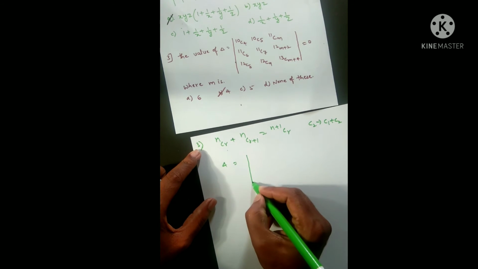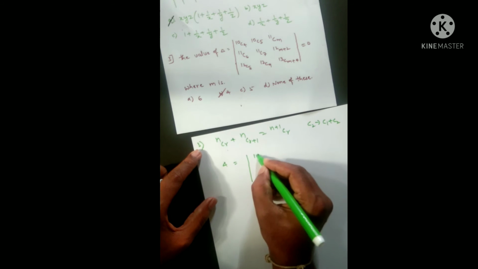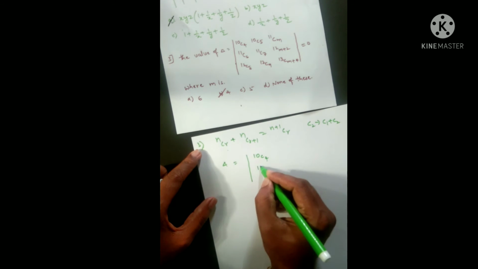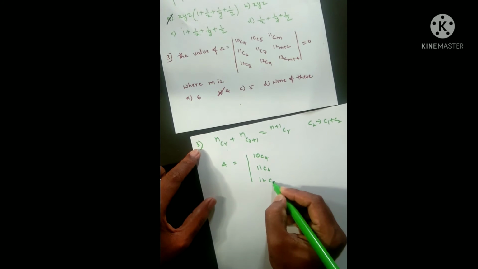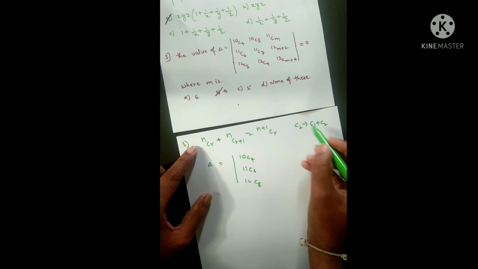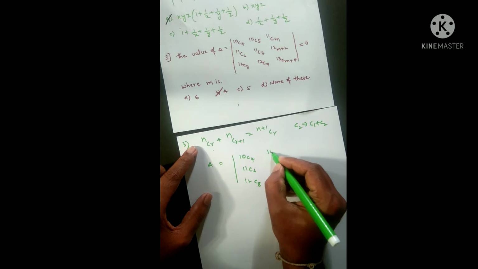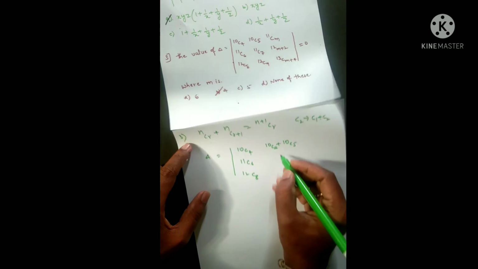But the first column and third column I will write as they are: 10C4, 11C6, 12C8. What I told you, the second column I will write as the first column plus the second column. The first column is 10C4, the second column is 10C5.